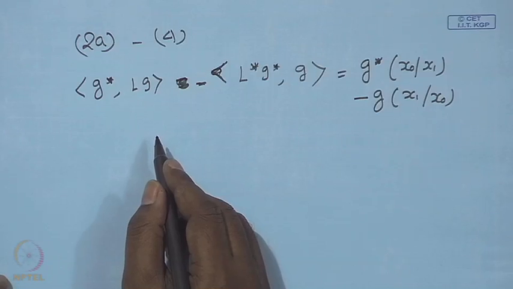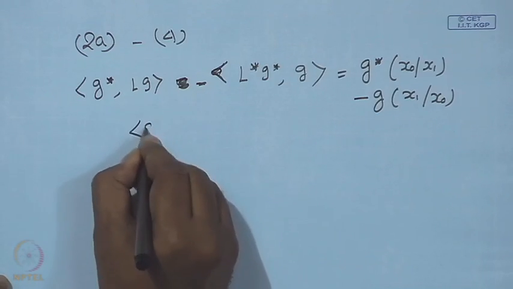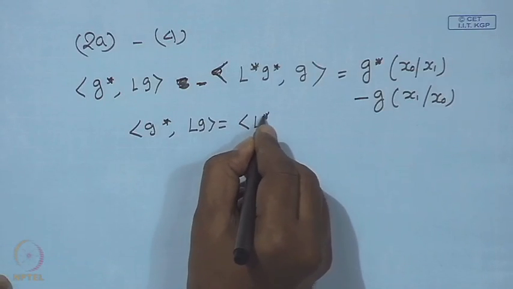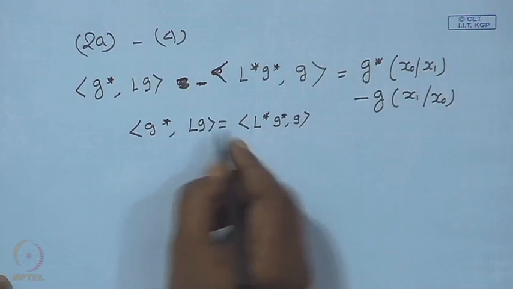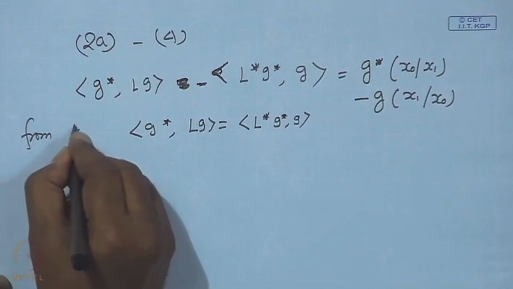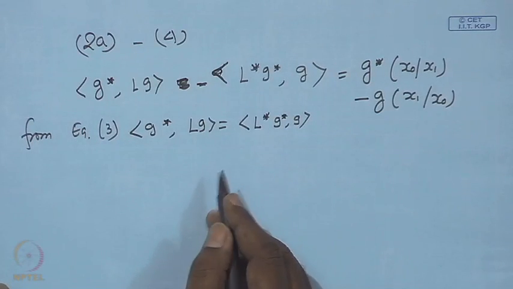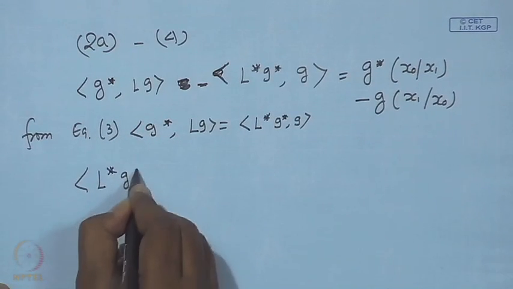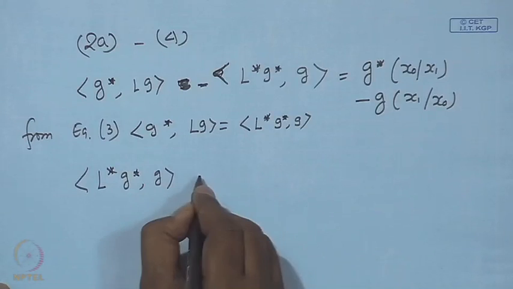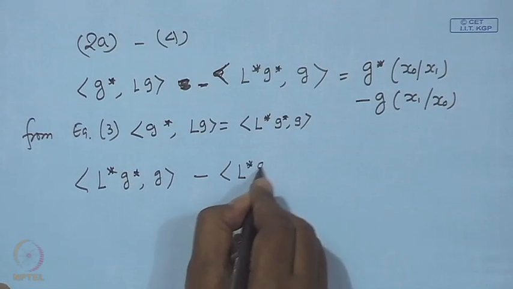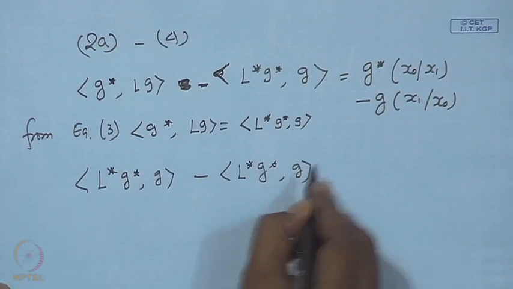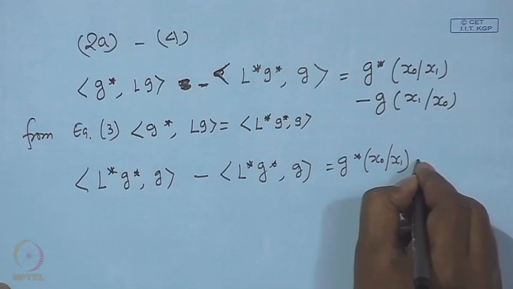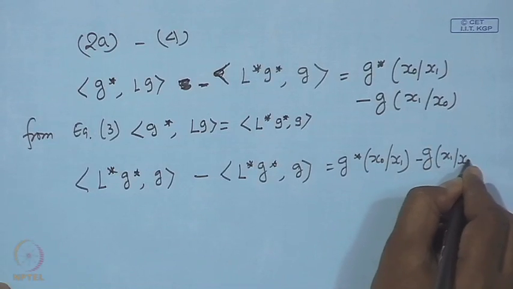We have already proved in equation number 3 that the inner product of g* and L g is nothing but the inner product of L* g* and g. Now, we put it here. So, this becomes the inner product of L* g*, g minus the inner product of L* g*, g equal to g*(x0/x1) minus g(x1/x0).